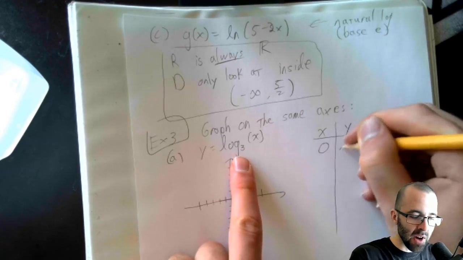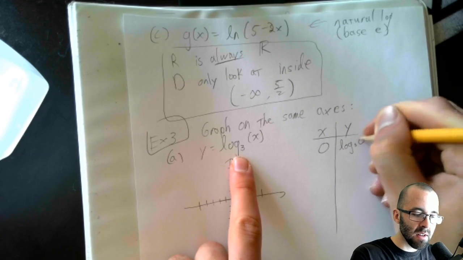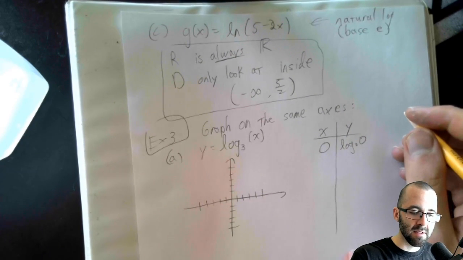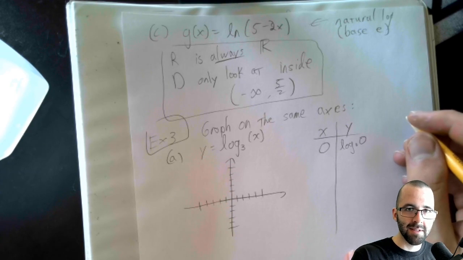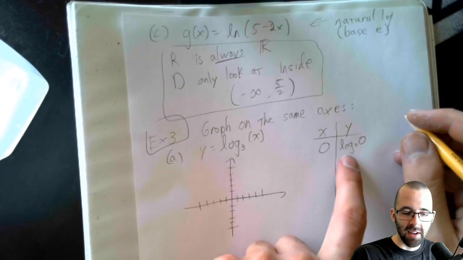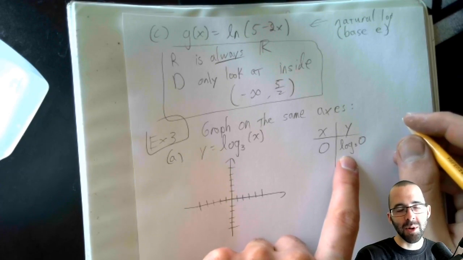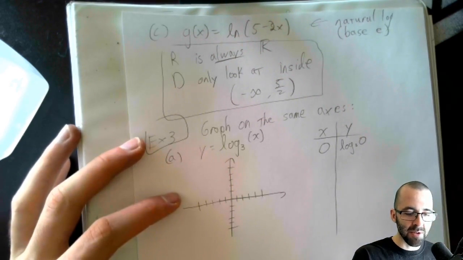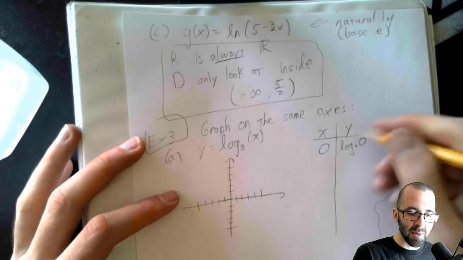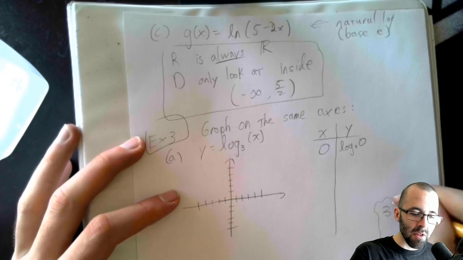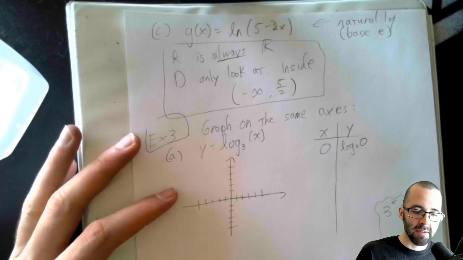So we say, okay, what's log base 3 of 0? I don't know. Logarithms are sometimes hard to work with. Let's put it in exponential form, off to the side somewhere. 3 to what power equals 0?